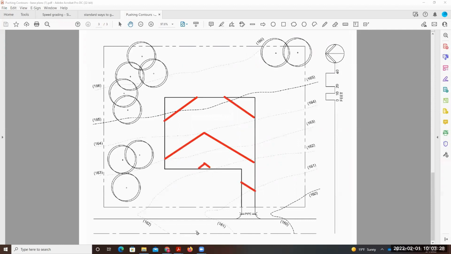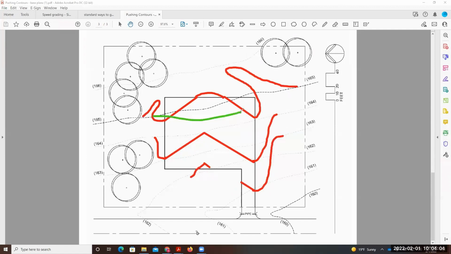Then I might come in and say, all right, and then I might connect this up here, and I might connect that one up there. But frankly, one of the things you're going to discover is that this V pattern might not work so well for this site, because the existing contours are running, whoa, that was poorly done.